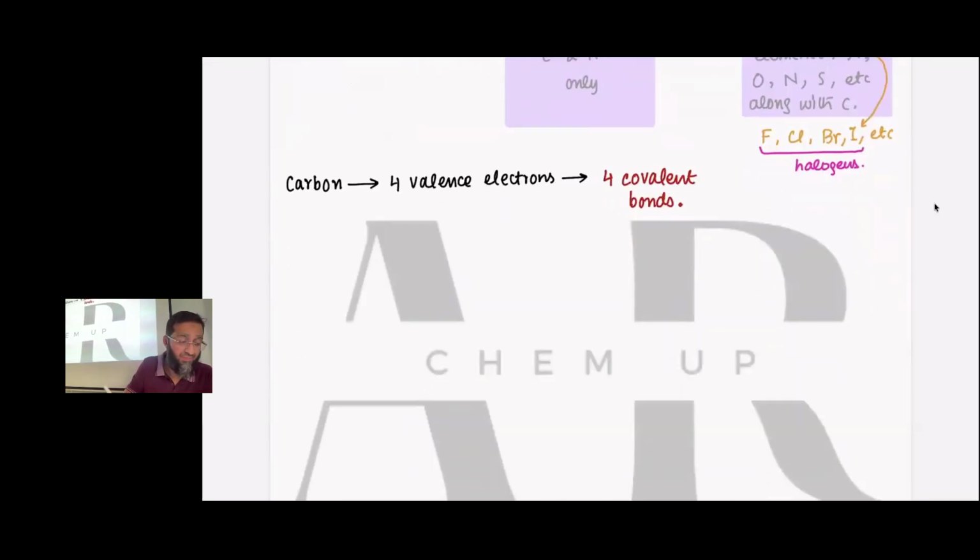So basically all organic compounds, when I say all organic compounds, I'm referring to both hydrocarbons and their derivatives. They all have a basic structure or the basic skeleton of carbon atoms joining with each other.